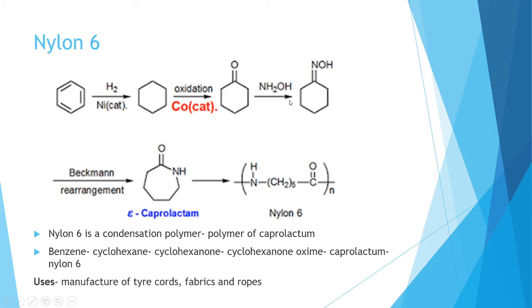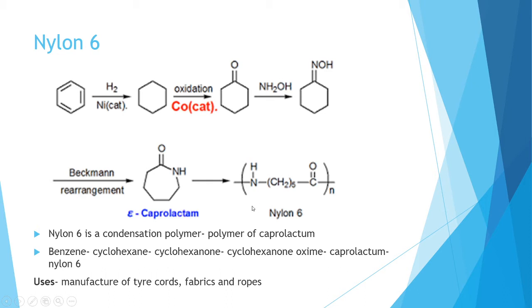And this cyclohexanone oxime undergoes a rearrangement called Beckmann's rearrangement to form caprolactam. The caprolactam is a seven-membered ring containing one CO group and one NH. And this caprolactam undergoes ring opening polymerization to form nylon 6.